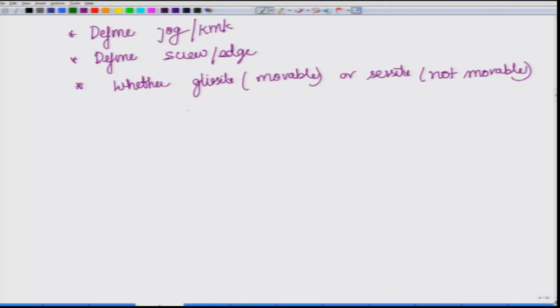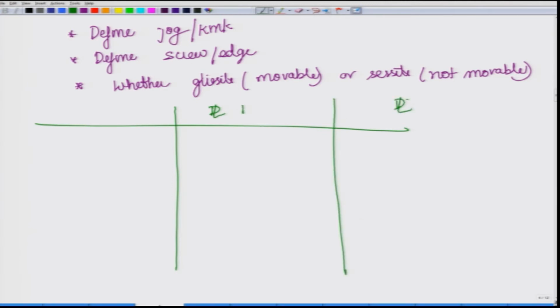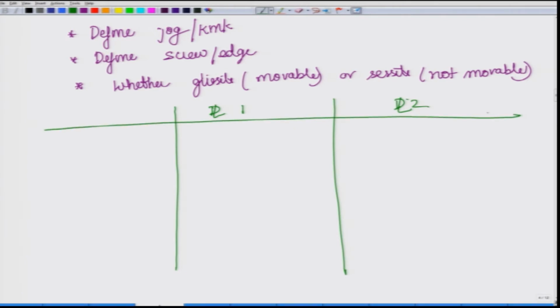So, let us say we have dislocation line 1, we have dislocation line 2, and we are looking at case 1. In the first case we are talking about 2 edge dislocations.